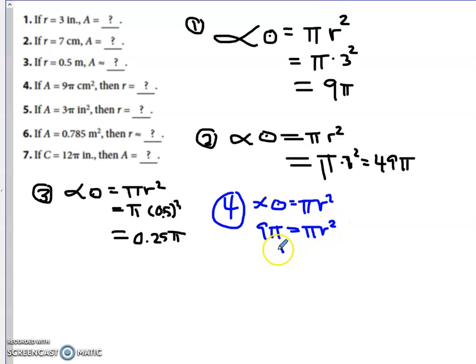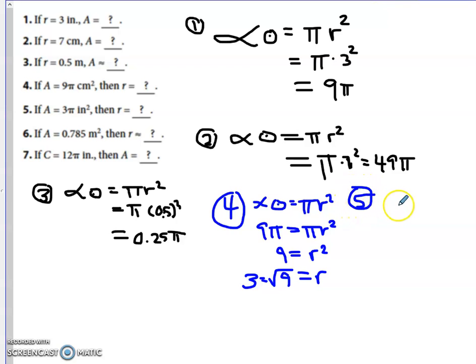We divide both sides by pi, we will find out that r squared is 9, so r is the square root of 9, kind of like the Pythagorean theorem. We're going to take the square root of both sides. So the radius of the circle is 3.